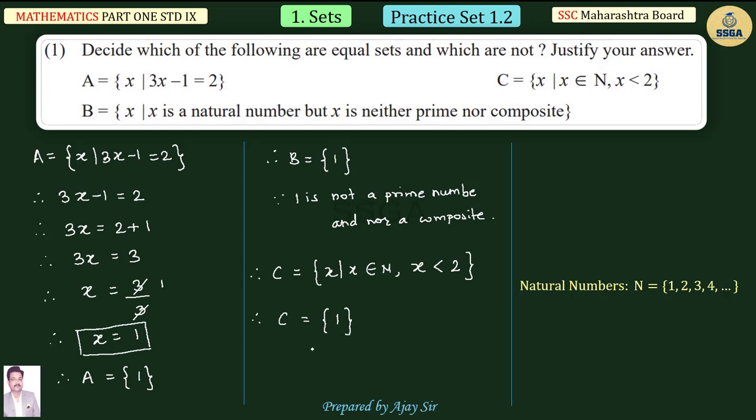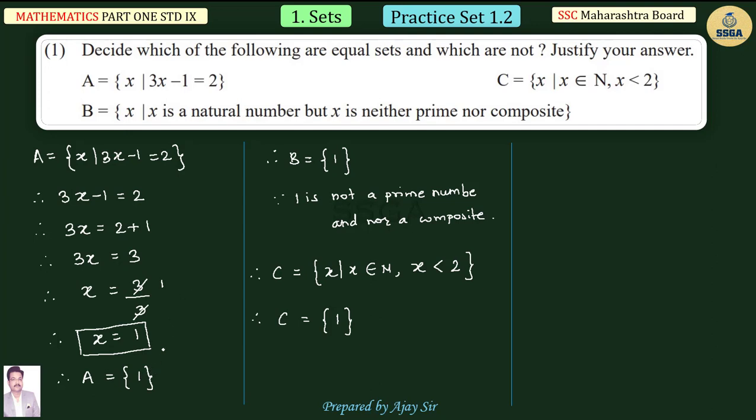So these are the elements, student. Let us compare them. Set A contains one element, set B contains one element, set C contains one element. Here we convert all these rule forms into list form.